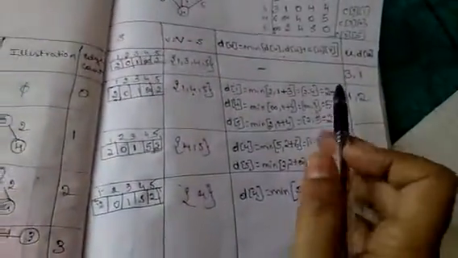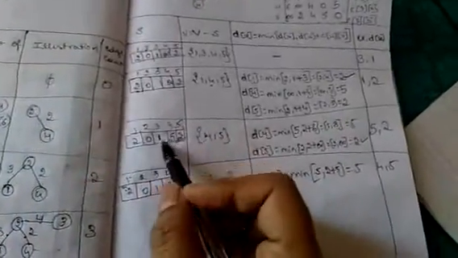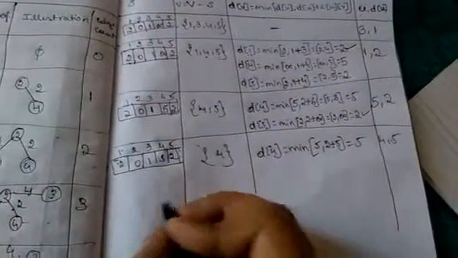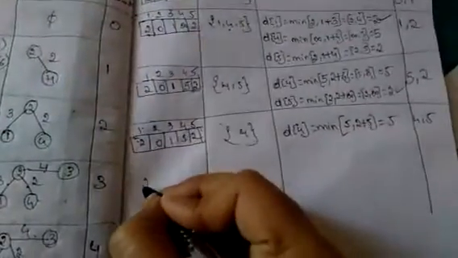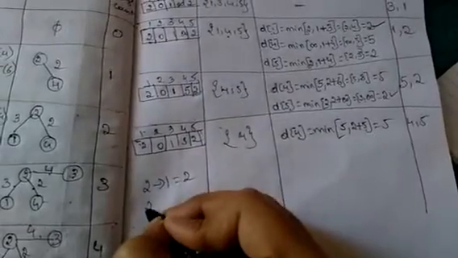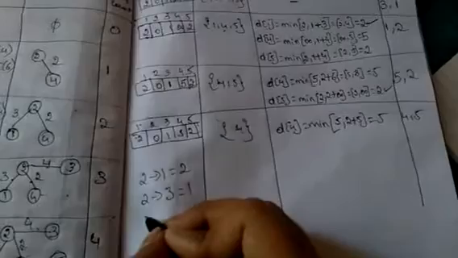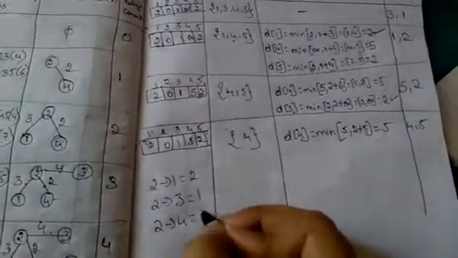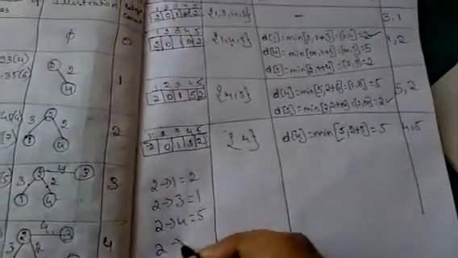Now you have to just write all the things from 2 to 1. Here you can see 2 to 1, the weight is 2. 2 to 2 you leave. From 2 to 3, weight is 1. Okay, from 2 to 4, weight is 5. From 2 to 5, the weight is 2.